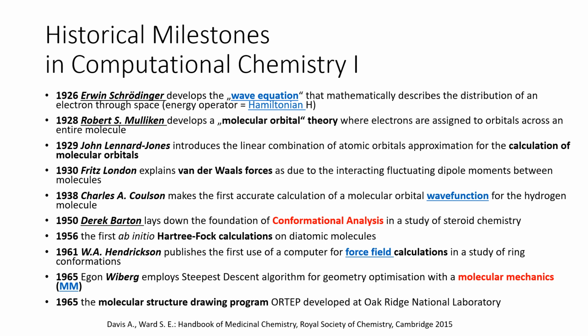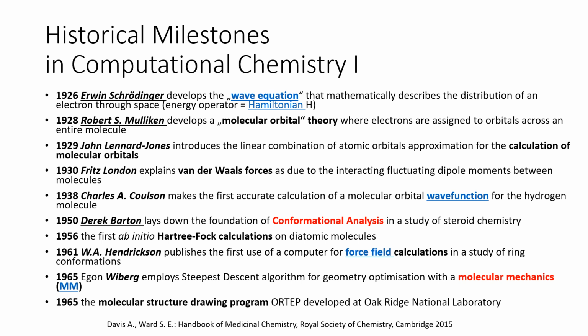In 1956, the first ab initio Hartree-Fock calculation on diatomic molecules was performed, and in the 60s, the first use of a computer for force field calculation was published by Hendrickson. It was in a study of ring conformations. This was the beginning of the development of molecular mechanics calculations.